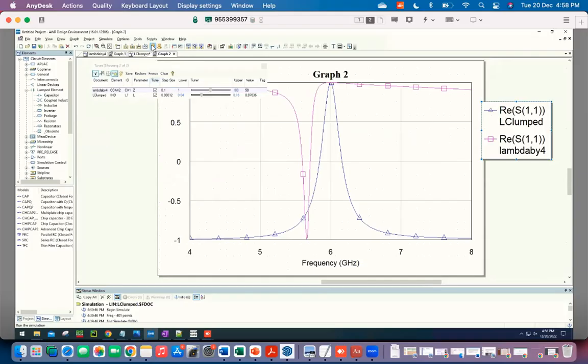So now the pink one is the lambda by 4 resonator with the input coupling capacitor. What has happened here? There is only phase change, and two things, right? The position here is shifted.